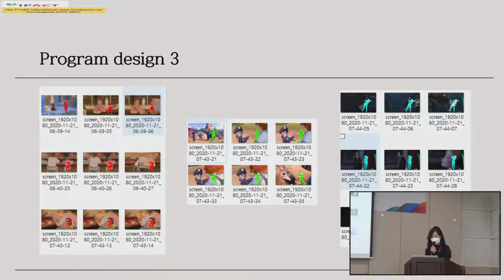Program design 3. The score information program that appears on the screen render an image of himself moving in the image of the screen, and through this check his or her moving in movement.